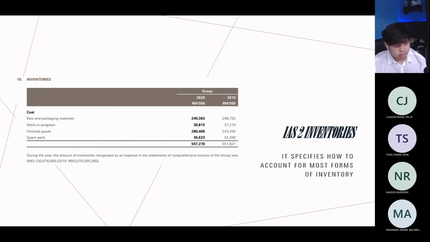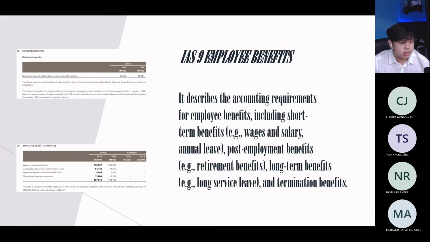So continuing is the ninth, which is employee benefits. It is covered by IAS 19, employee benefits, which covers short-term benefits, post-employment benefits, long-term benefits, and termination benefits.